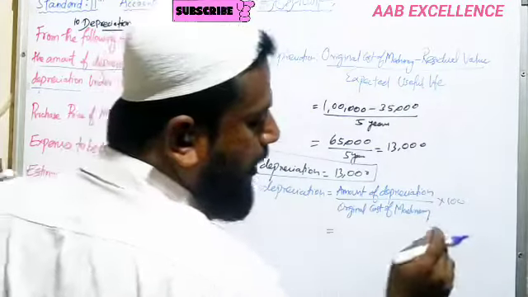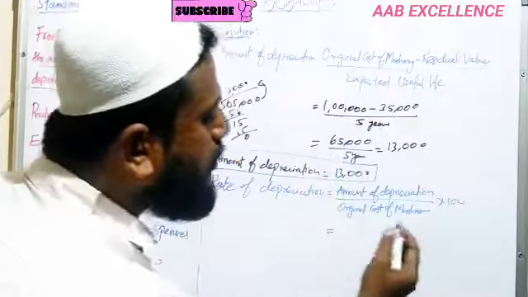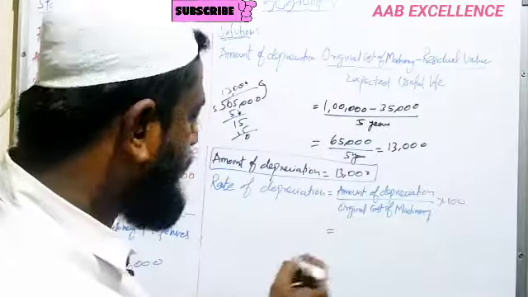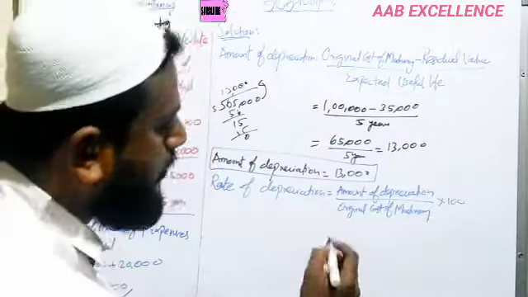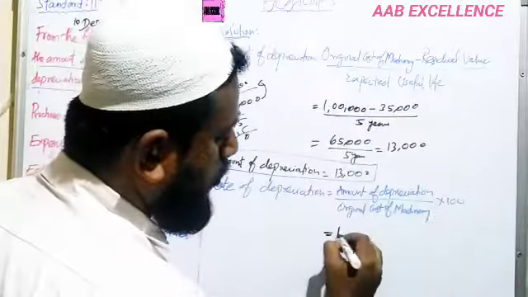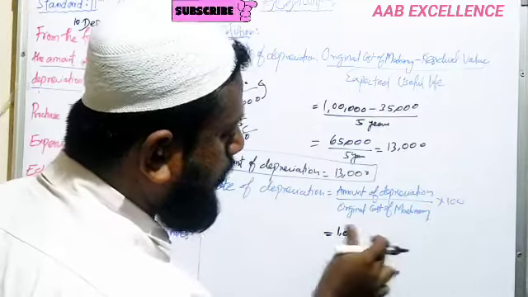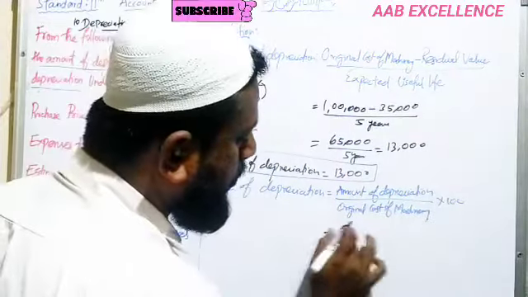Why do we multiply by 100? To find the rate of depreciation as a percentage, we multiply by 100. Then the amount of depreciation, how much? We found the answer: the amount of depreciation is 13,000.